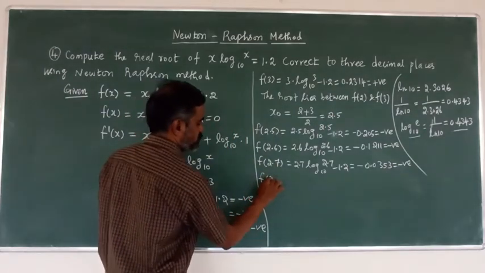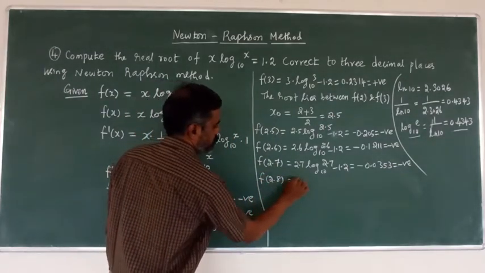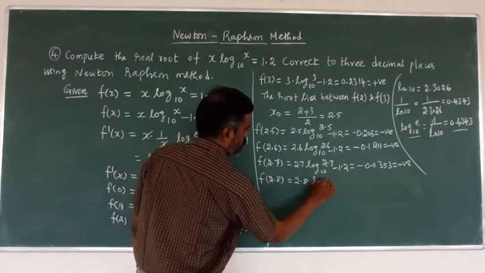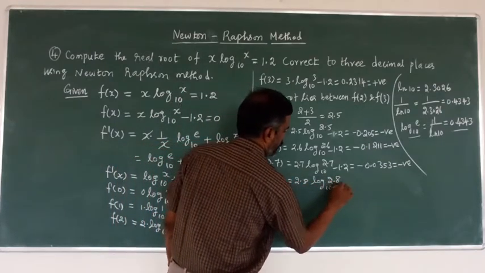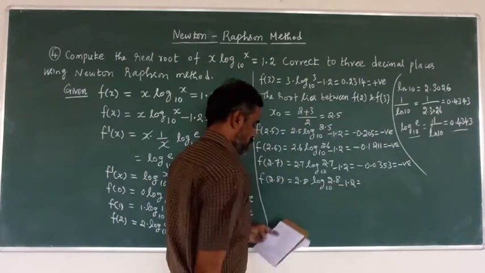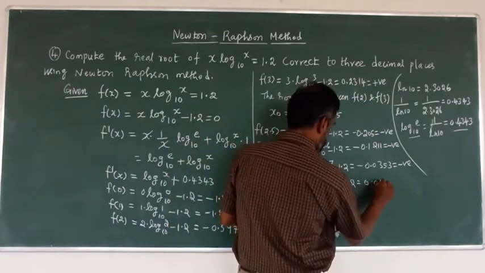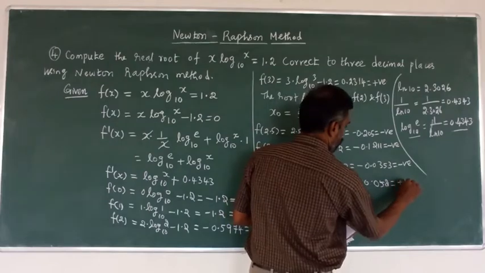Next, increase to 2.8: 2.8 log₁₀ 2.8 minus 1.2, we get the result 0.052, positive.